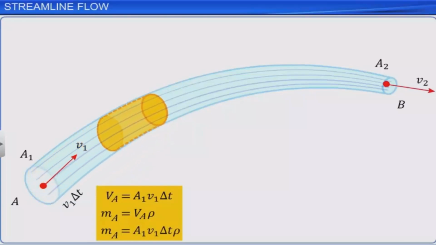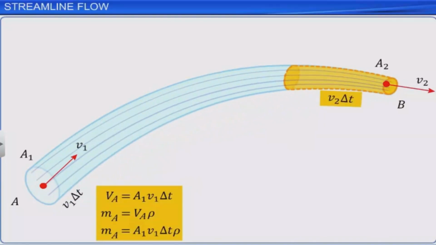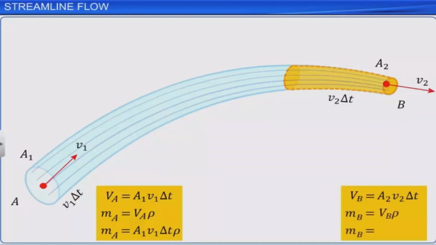Similarly, consider a small cylinder of length V2 delta t at the end B. Then, the volume of the fluid, Vb, going out of the tube through the cross-section at B in the same time delta t, is A2 V2 delta t. Hence, the mass of the fluid, Mb, leaving the tube at B in the same time delta t, is A2 V2 delta t ρ.